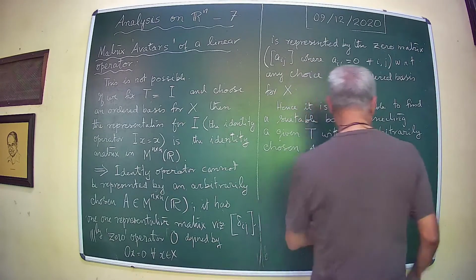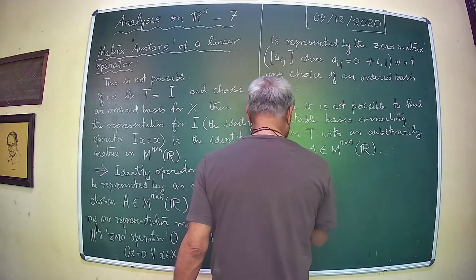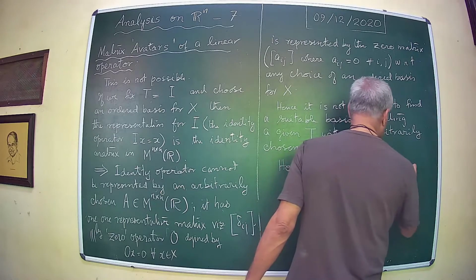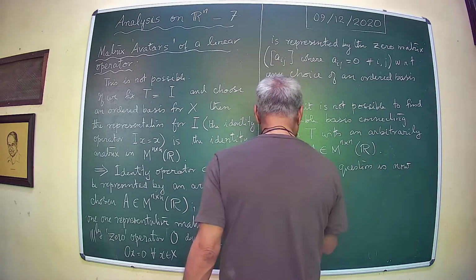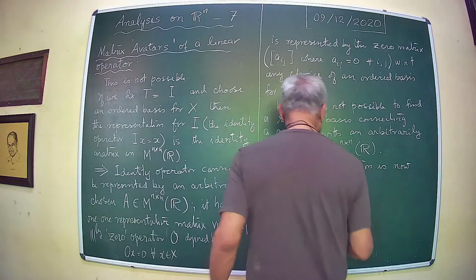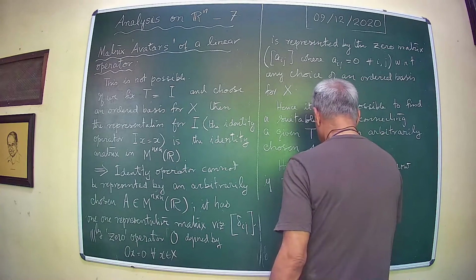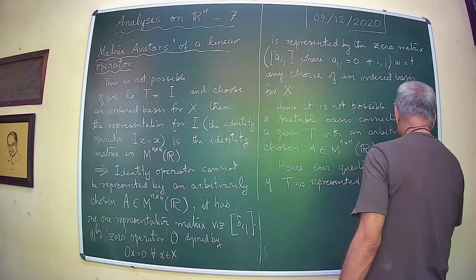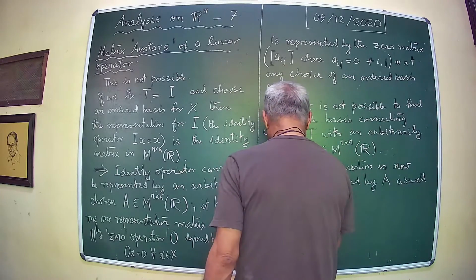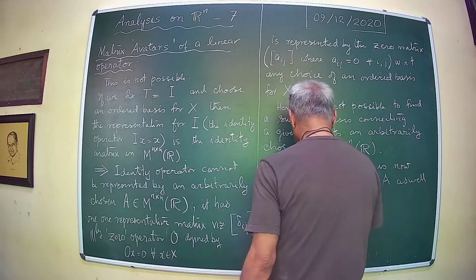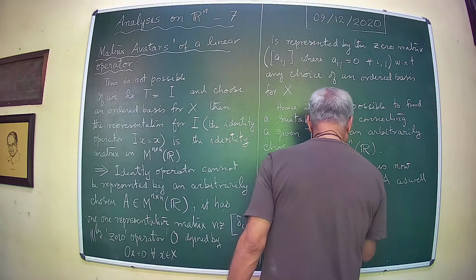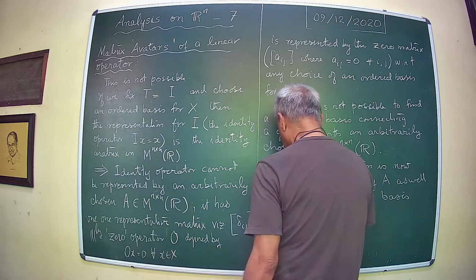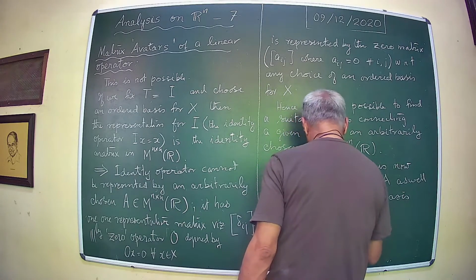So our question is, now if T is represented by A as well as B in two different bases, how are A and B connected?